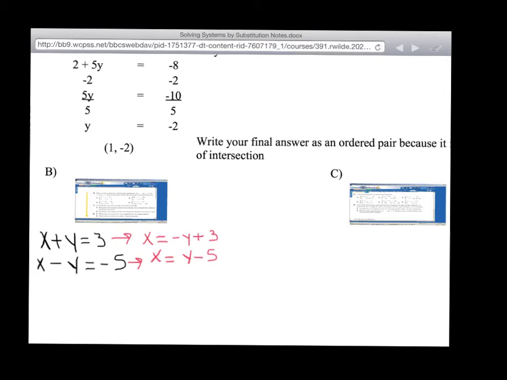Now step 2: negative y plus 3 equals y minus 5.